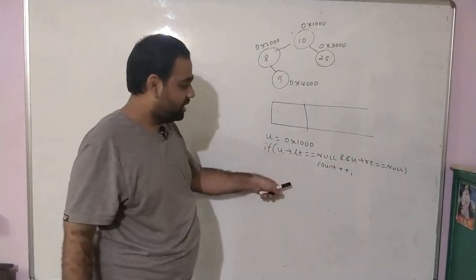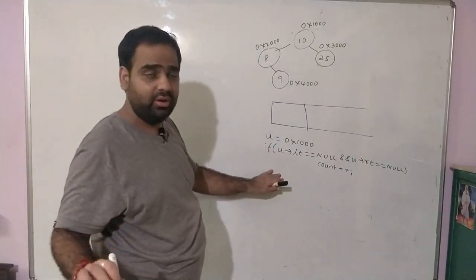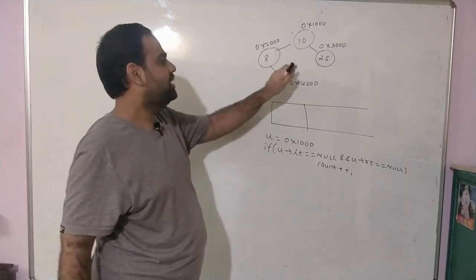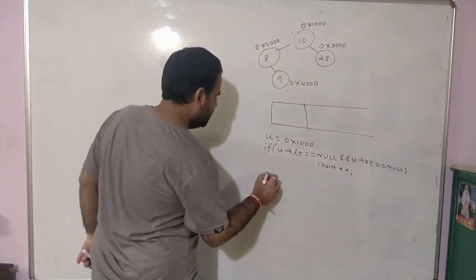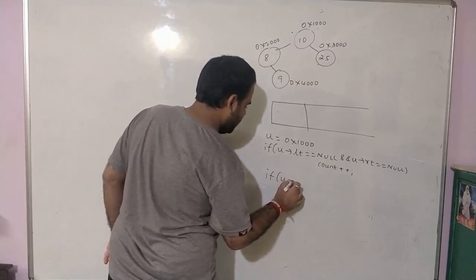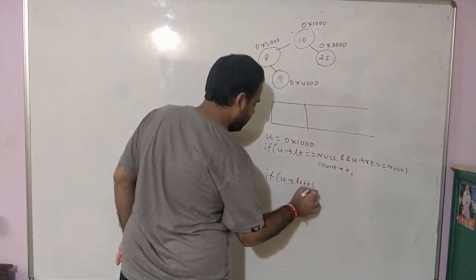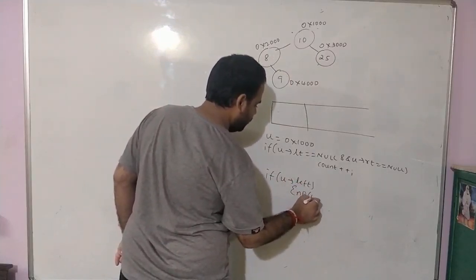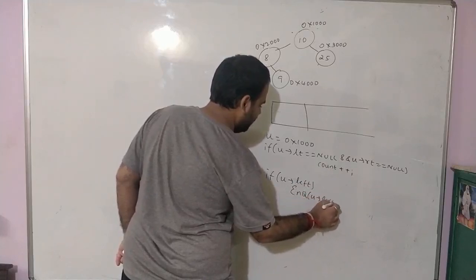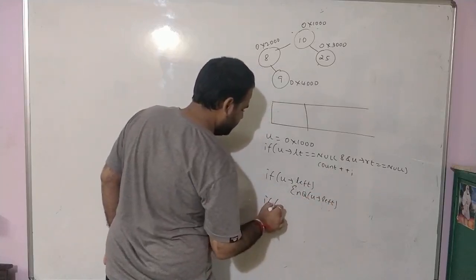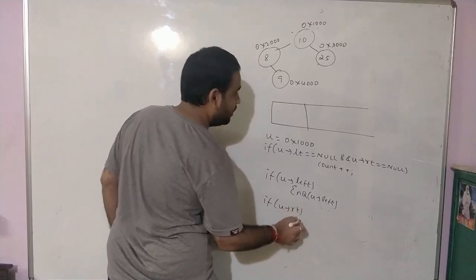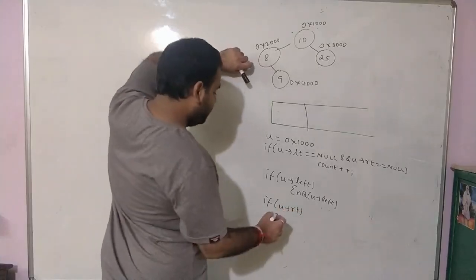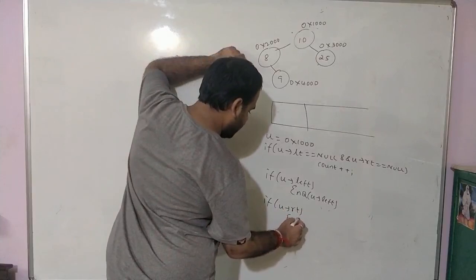If it is not a leaf node, it might have the left child and it may have the right child. Therefore, we check over here, if u arrow left is not equal to null, then we enqueue u arrow left. If u arrow right is not equal to null, then we enqueue u arrow right.